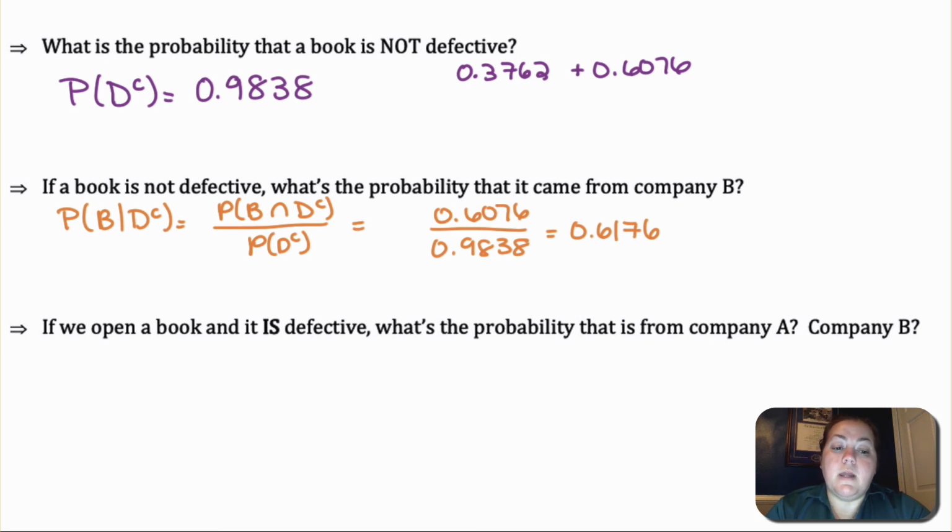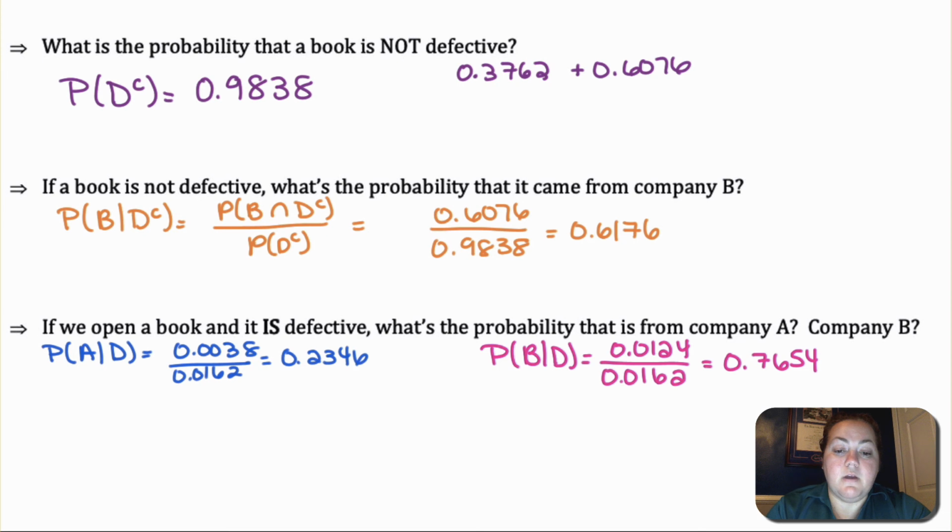If we open a book and it is defective, what is the probability that it's from company A and then it's from company B? So the probability it's from A given it's defective. I'm also going to find the probability it's from company B given it's defective. All right, so these are the two probabilities I get.